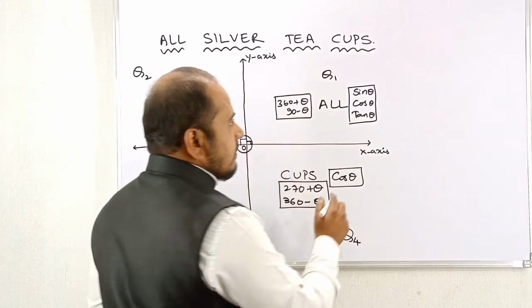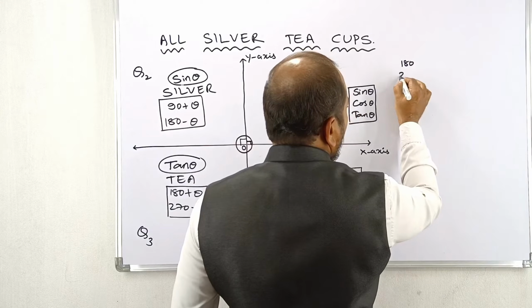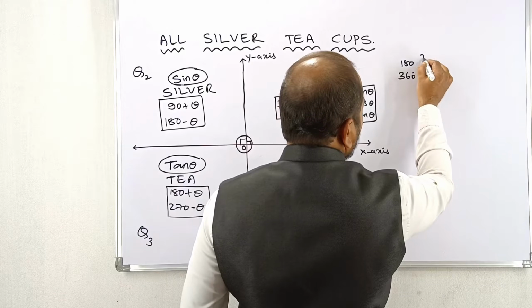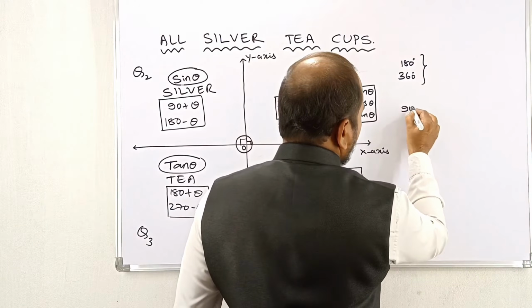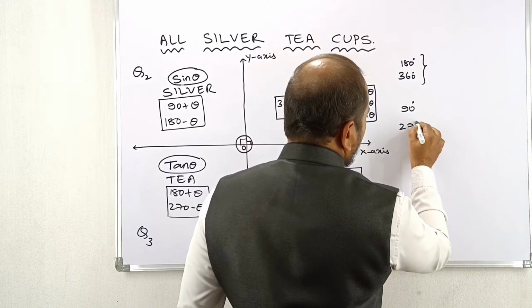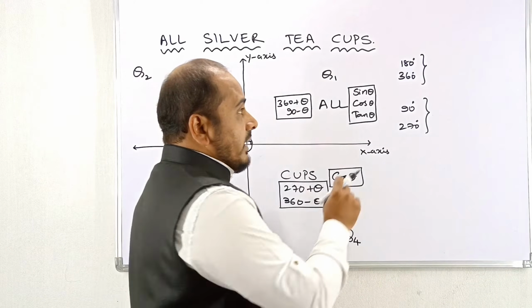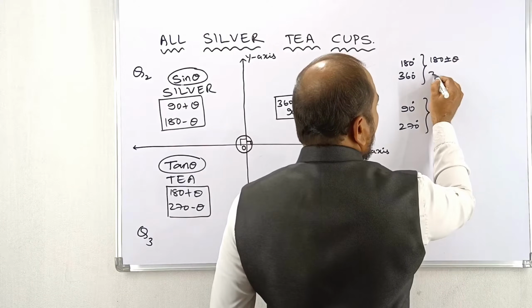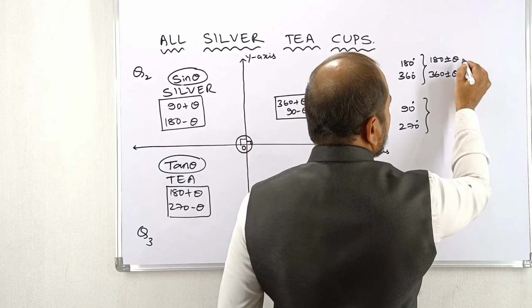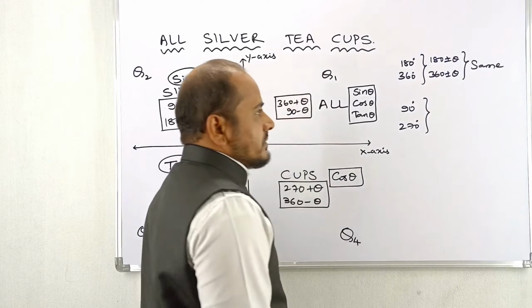Now one more formula I am going to suggest to you: take 180 degrees and 360 degrees separately, my dear. And next, 90 degrees and 270 degrees is also separate. Whenever you get 180 plus or minus theta or 360 plus or minus theta, you get the same ratios.